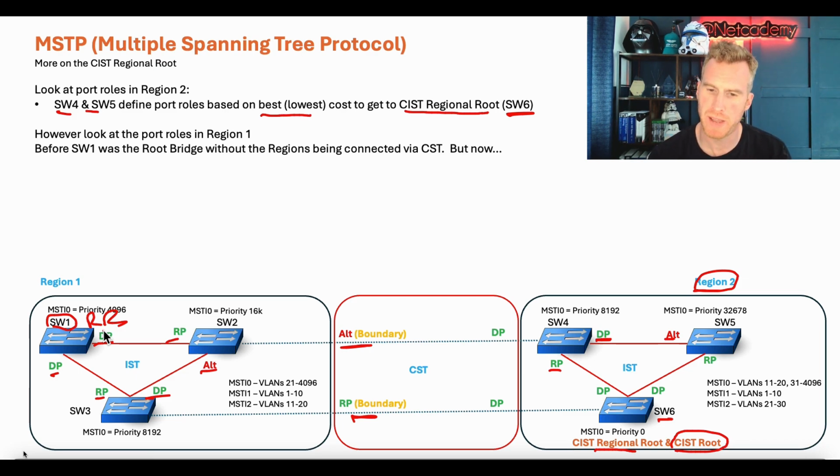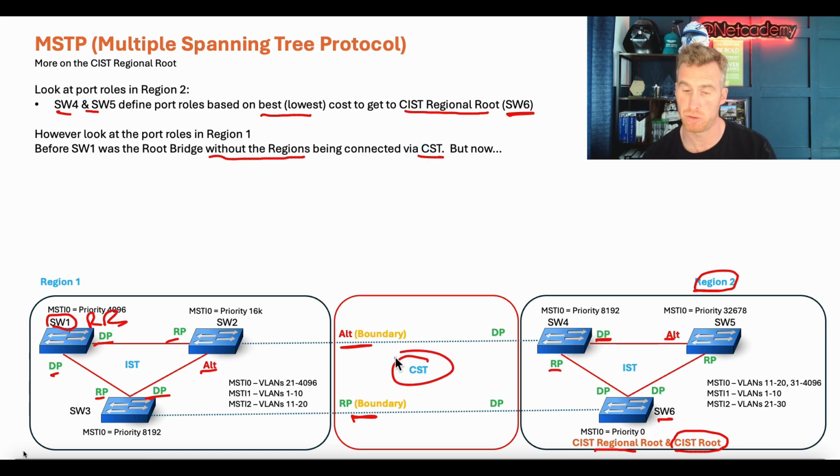But this was without the regions being connected over or through the common spanning tree, i.e. switch 1 was that root bridge without CST in the mix, without regions. When region 1 is connected to another region, region 2, it changes.